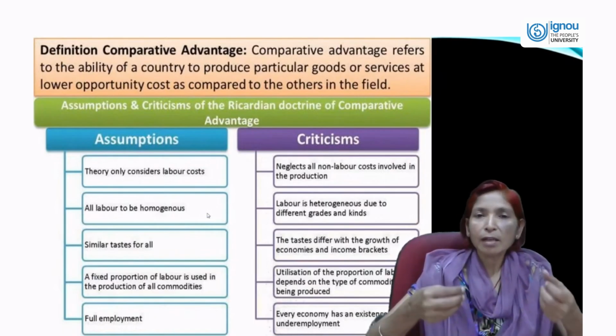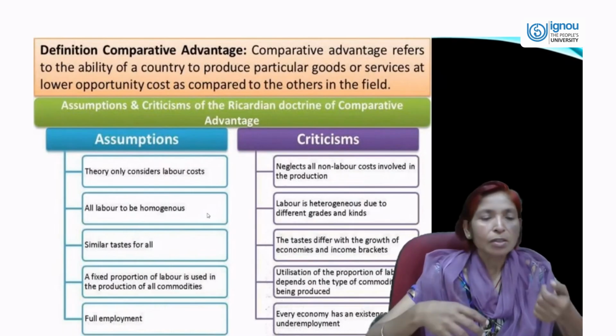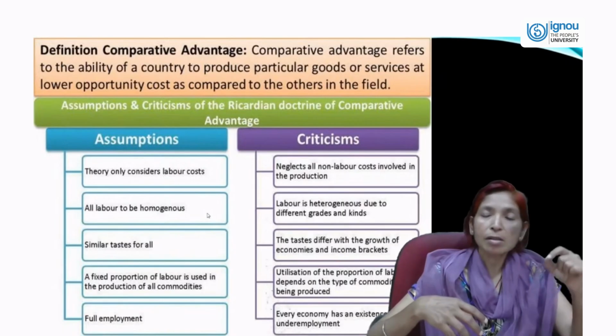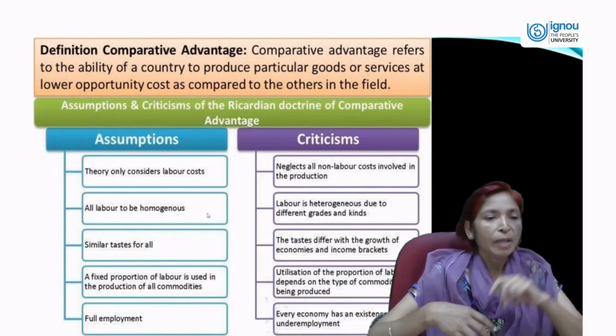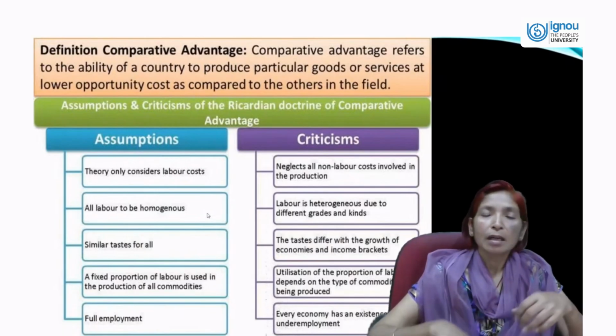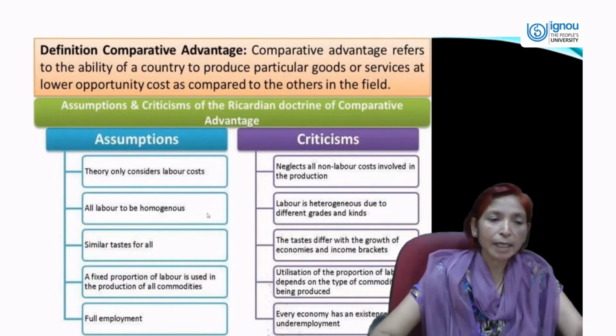Only one factor can't give the contribution. So this theory only takes labor cost as the main cost, and on the basis of this cost, we can engage in international trade businesses. But this is unrealistic.